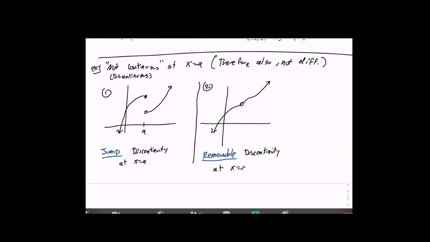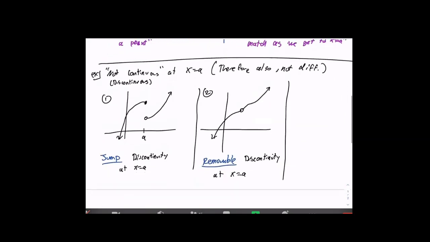The first one is a jump, and it's kind of like, you're walking along the line, you get closer to a, and then you have to jump over to the next part of a, from the left to the right or right to the left.